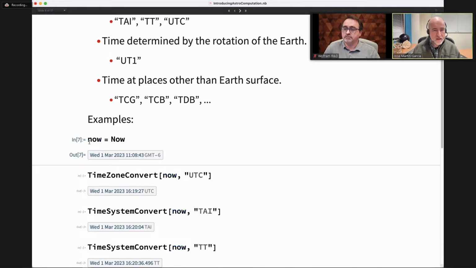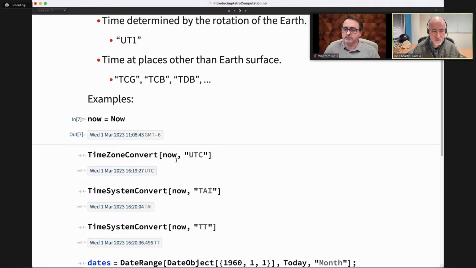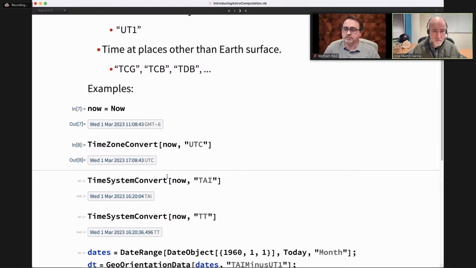So for example, take the current time, right? It's that in our time zone. We can change time zones and we get that, but we can also change the time system. And now we have, for example, the same time expressed in atomic time. And you see the numbers do not match.